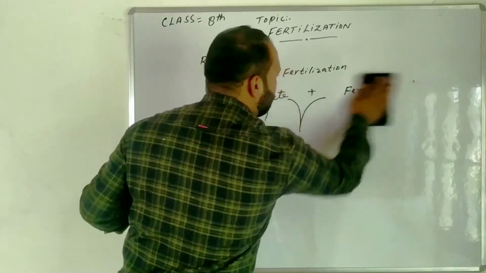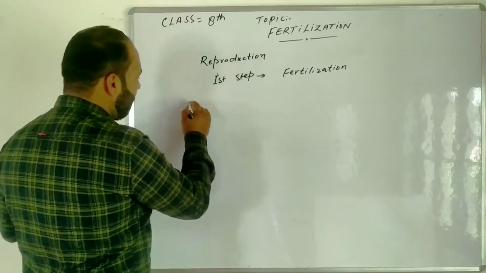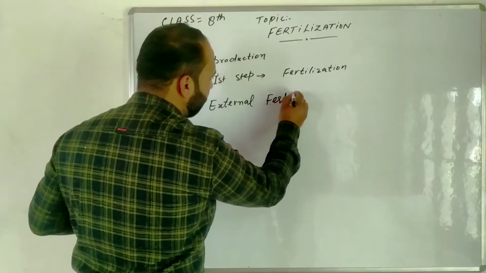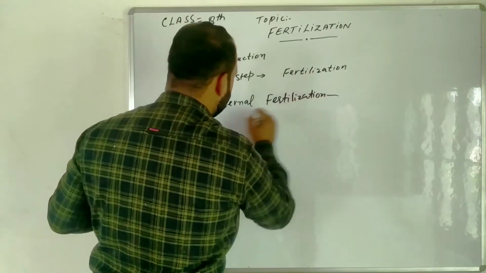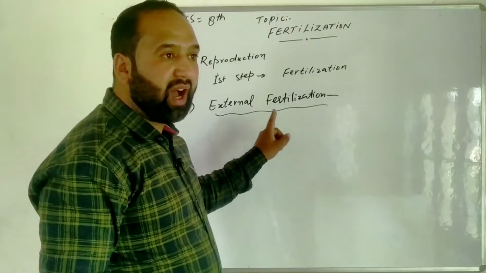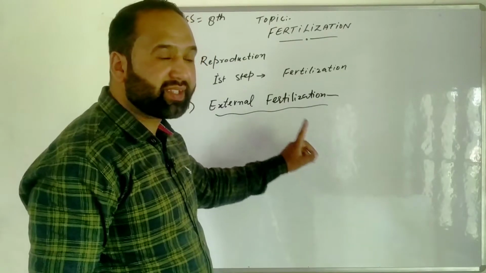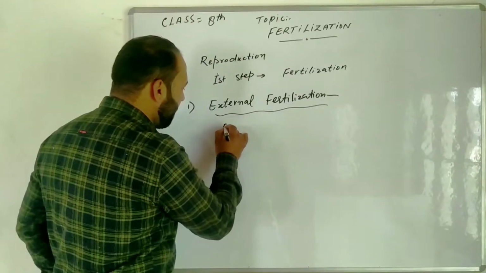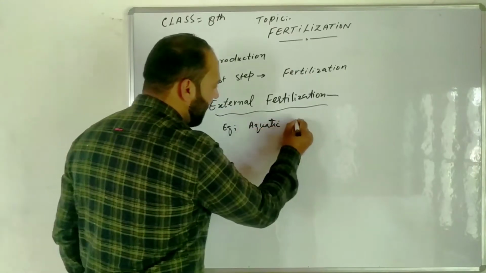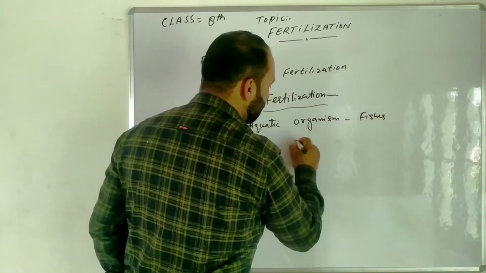There are two types of fertilization. One is external fertilization. In external fertilization, fertilization occurs outside the female body. This type of fertilization occurs mostly in aquatic organisms, such as fishes or the frog.